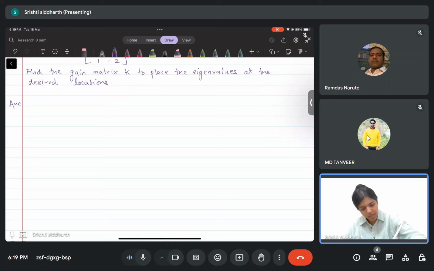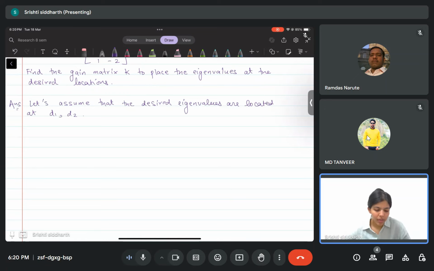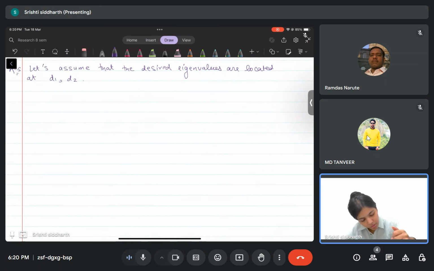Let's say that the desired eigenvalues are located at D1 and D2. For a second order system, we have two eigenvalues, and if they are complex valued, then D1 and D2 should be complex conjugate pairs. Now let's also form the desired characteristic equation.